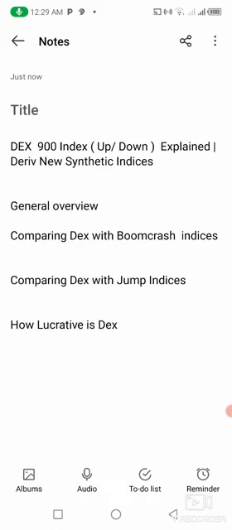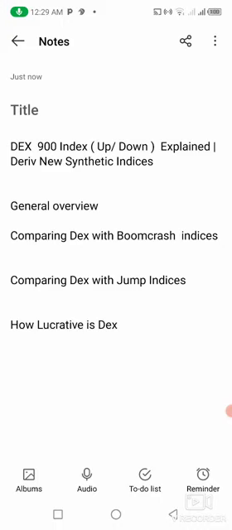What is the meaning of DEX? Up till now, nobody actually understands the meaning of DEX. DEX does not mean decentralized exchange. No, that has to do with cryptocurrency technology. You use the word DEX in the cryptocurrency world, but not in synthetic indices.